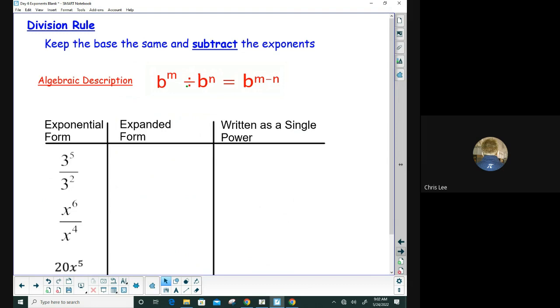They're inverse operations. So if when I multiply, I add the exponents, then when I divide, I have to subtract the exponents. So the rule is b to the m divided by b to the n equals b to the m minus n. Make sure you put that to finish your algebraic description on the bottom.